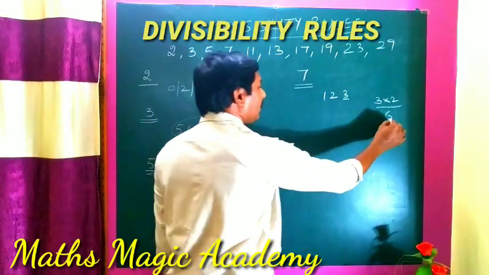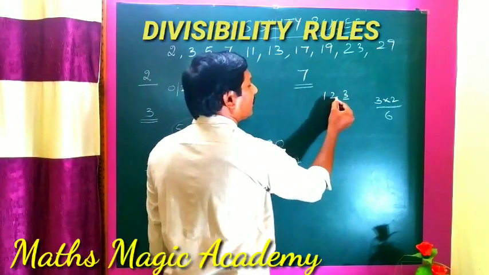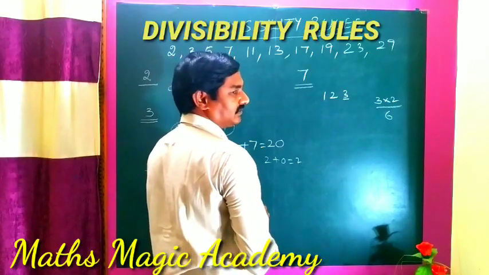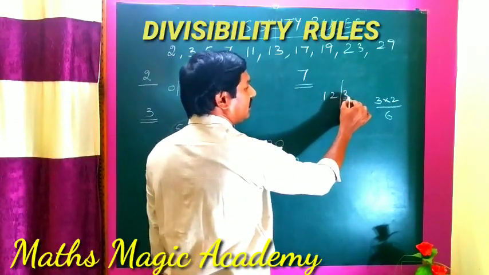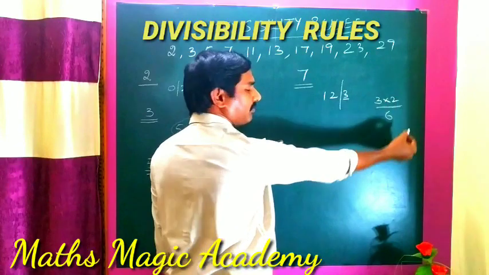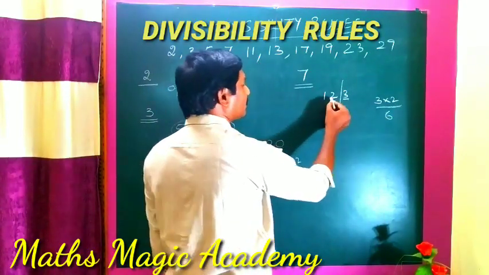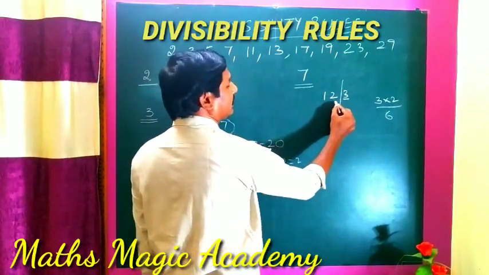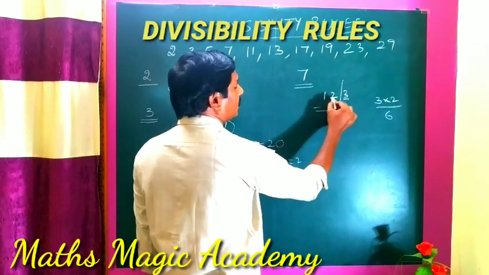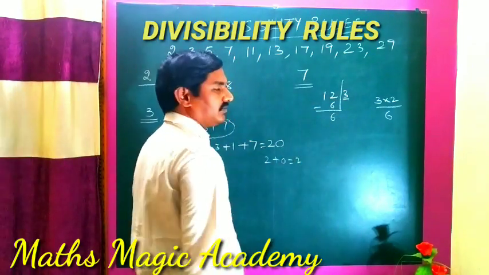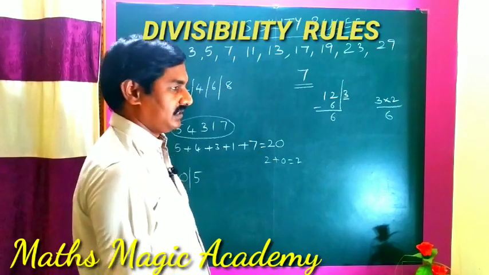This result you have to subtract from the remaining digits. That means the last digit is multiplied by 2 and the result is subtracted from the remaining digits. That means 12 minus 6, we will get 6.